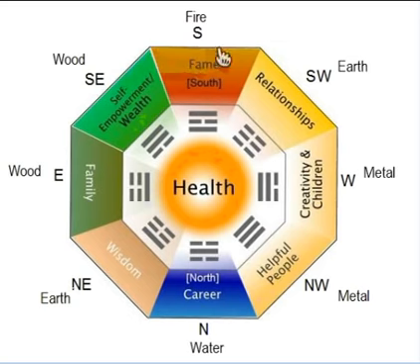Southeast, wood. In total, we have 5 elements in Feng Shui, which are fire, wood, earth, water, metal. Today we're going to learn more about these 5 elements and how we can use them to create good Feng Shui with the Bagua directions as well.